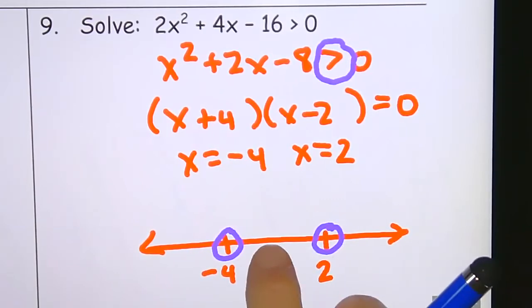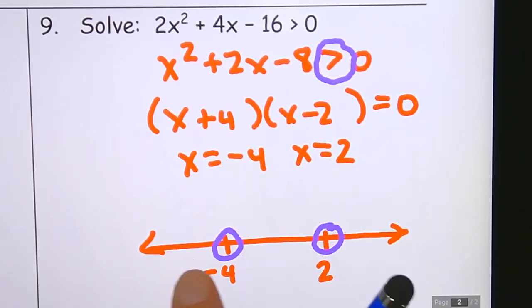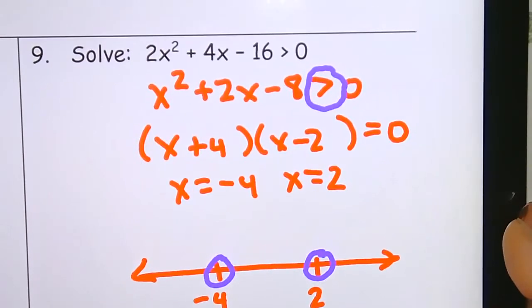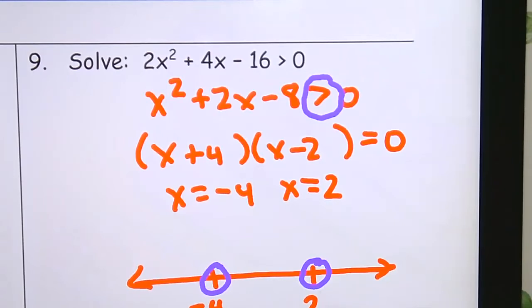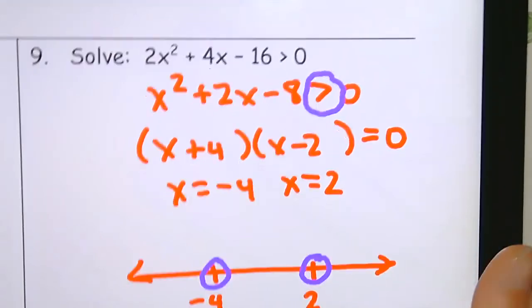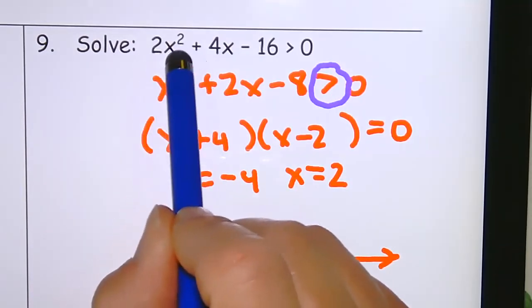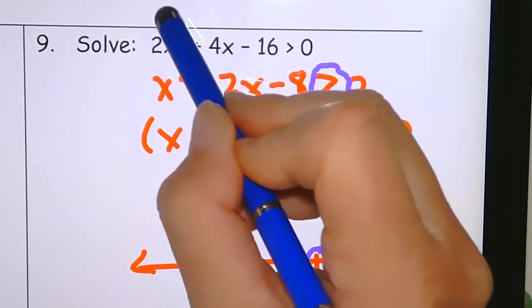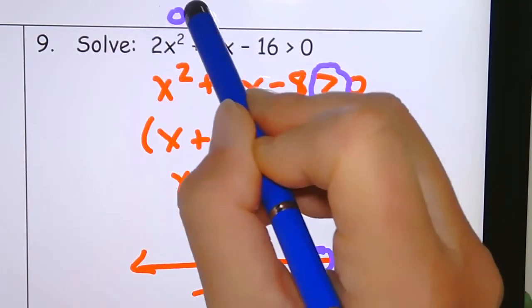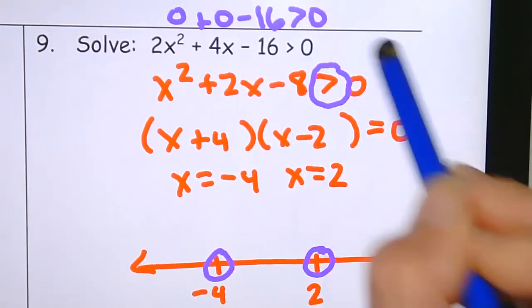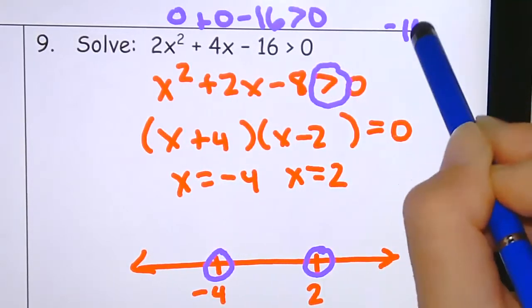And then I'm either going to shade in between or I'm going to shade out. Now you can test a number and see where you're going to shade. So let's say I test 0 and I put 0 into this original inequality. Here I'm going to get negative 16 greater than 0. So is negative 16 greater than 0?